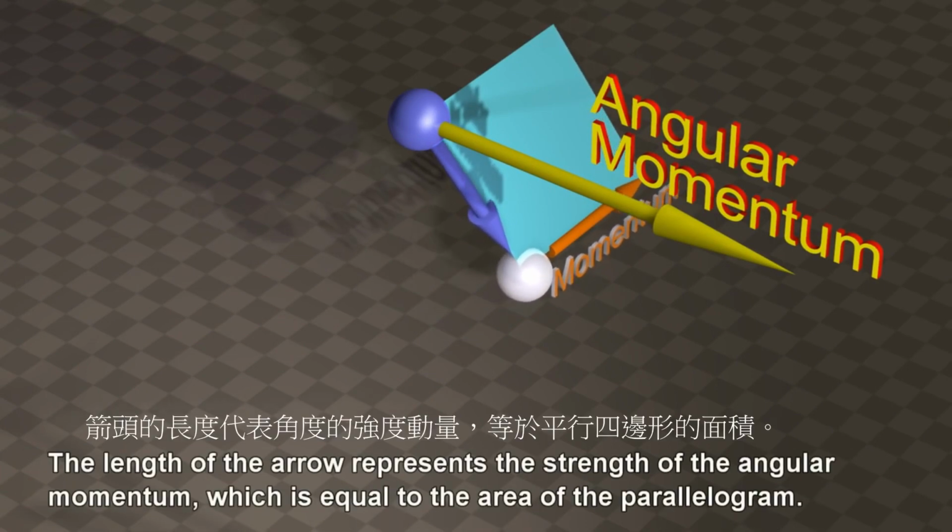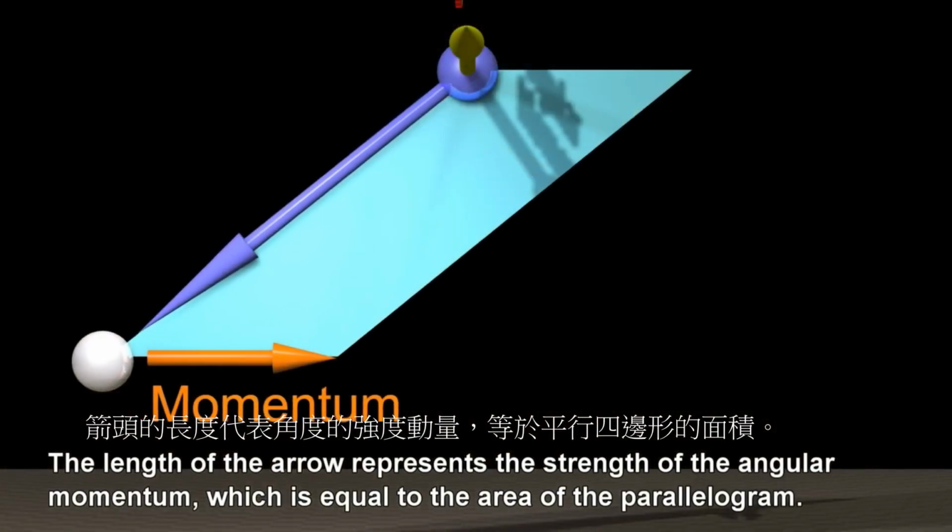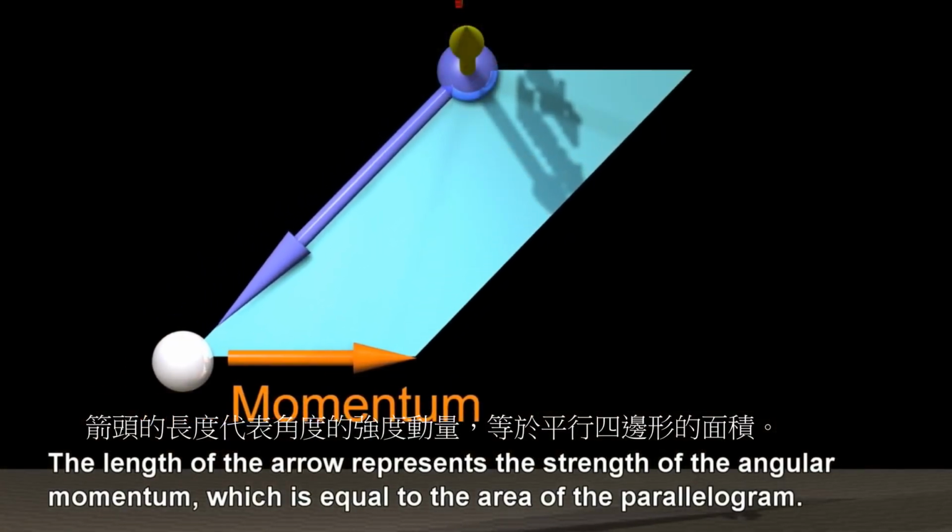The length of the arrow represents the strength of the angular momentum, which is equal to the area of the parallelogram.